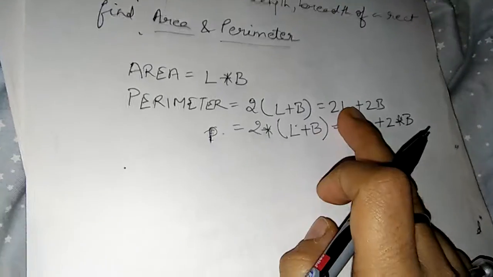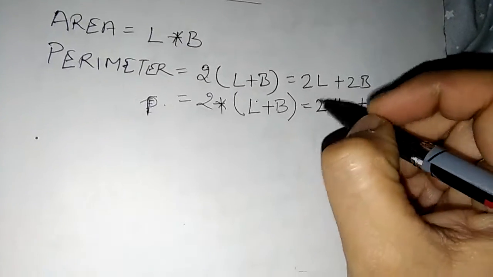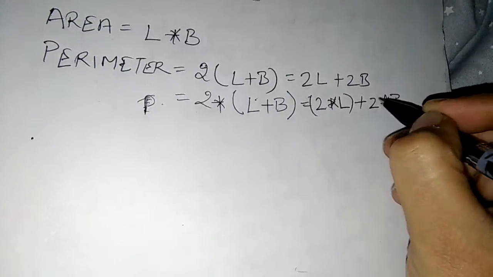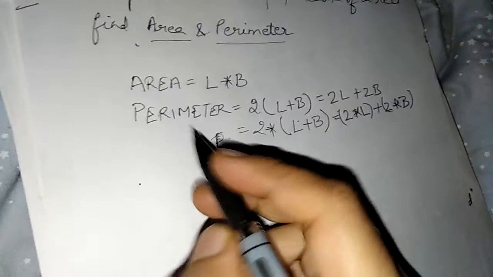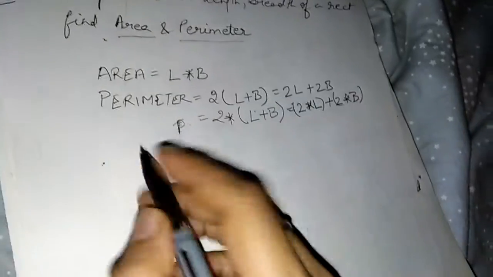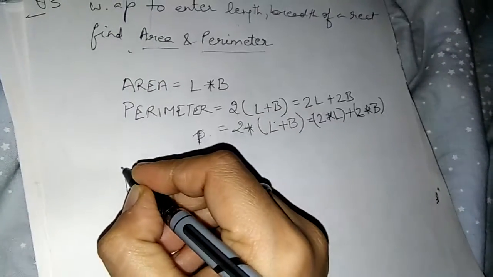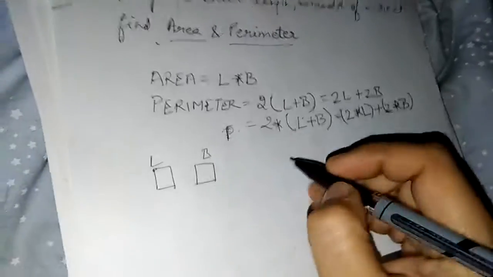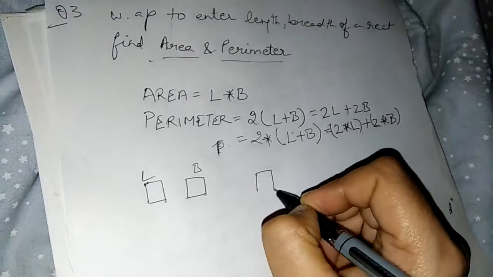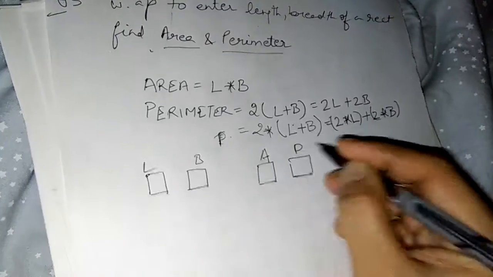Instead of writing 2L, you will always write 2 asterisk L in one bracket and plus 2 asterisk B in another bracket. Now you know how many variables there are. The length and breadth, input variables are 2. I am taking L and B, and output variables are 2. I am taking A for area and P for perimeter.